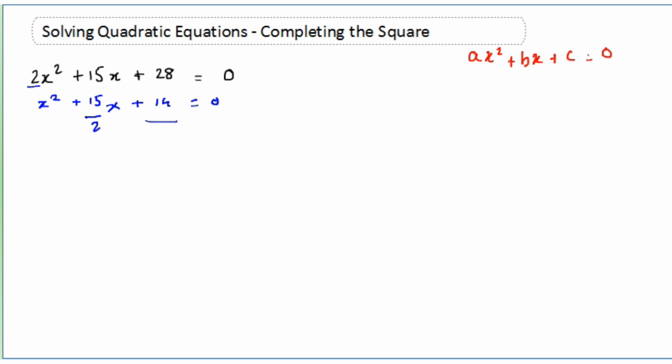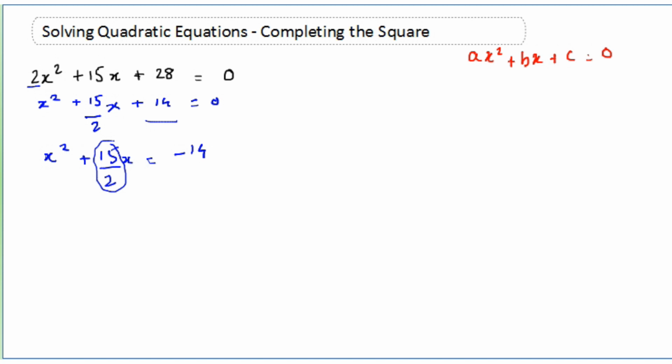Second step was to take c to the other side of the equation. So subtracting 14 from both sides of the equation, we are left with x square plus 15 over 2 x is equal to negative 14.